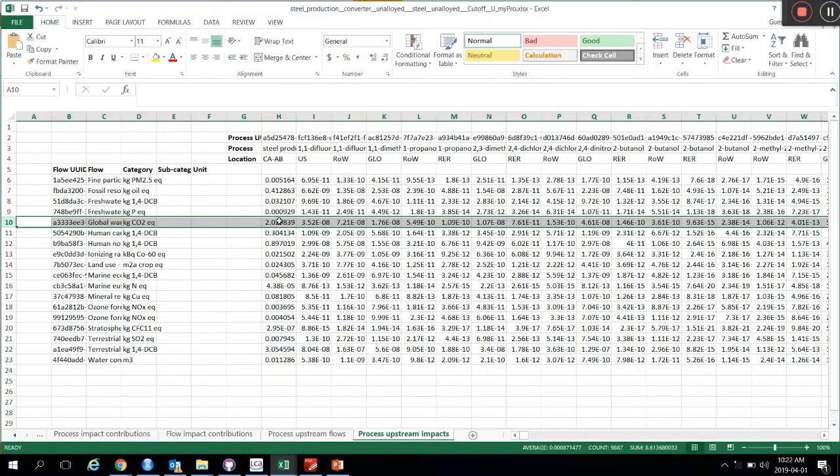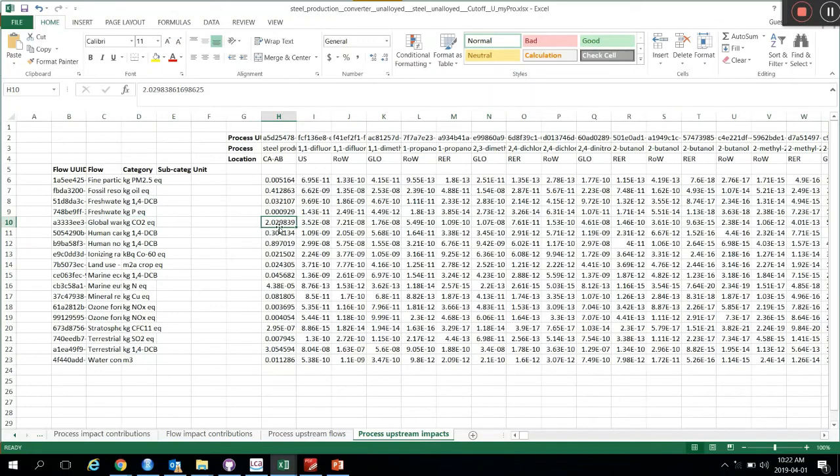So we see immediately that this is the same number as the total, because this is the last process in the system that's pulling for a final demand. So it's 100% responsible for all impacts in the system.